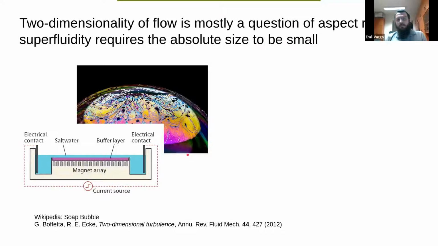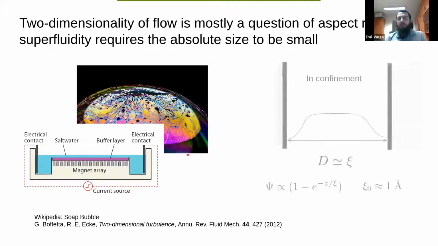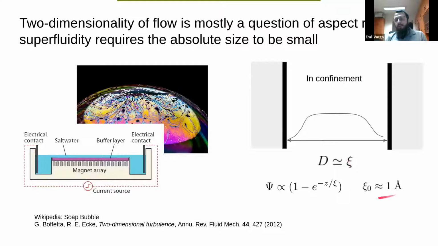But if you want to talk about two-dimensional superfluidity itself, we need to get confinement which is comparable to the microscopic length scale. Which, if you look at this low temperature limit, might seem hopeless, because, well, modern nanofabrication is pretty good, but we still cannot make atomic size structures with relative ease.